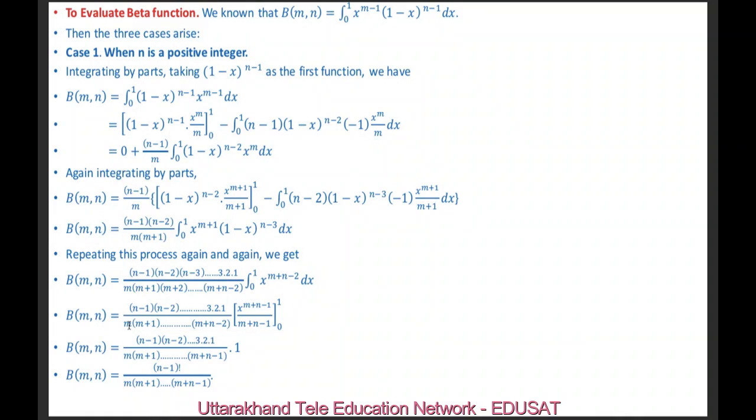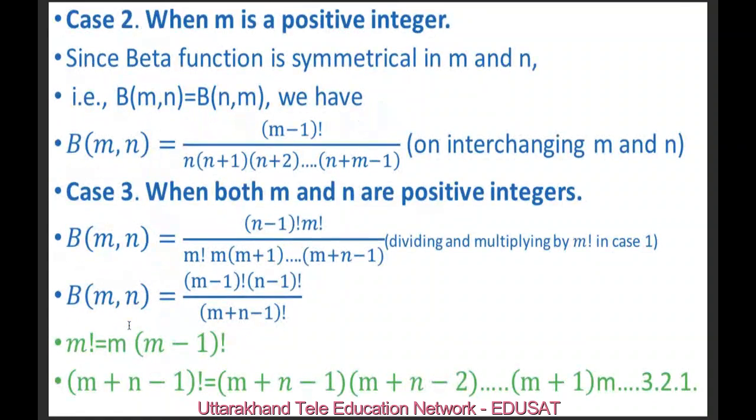Now if m is a positive integer, we know that beta function is symmetrical in m and n. So we may directly write beta(m, n) equal to factorial m minus 1 upon n(n plus 1)(n plus 2)...(n plus m minus 1) if we interchange m and n in case 1.